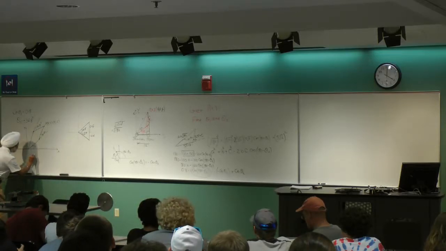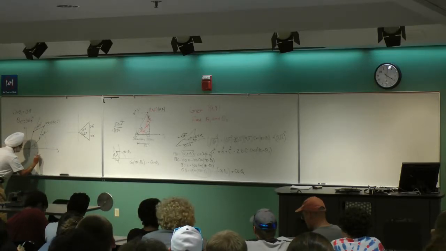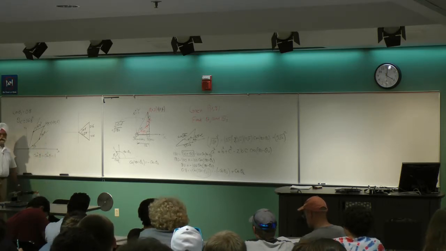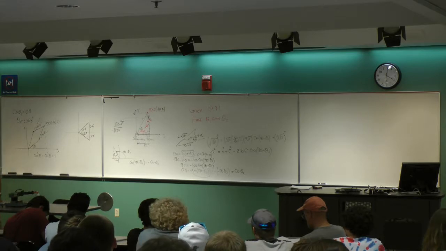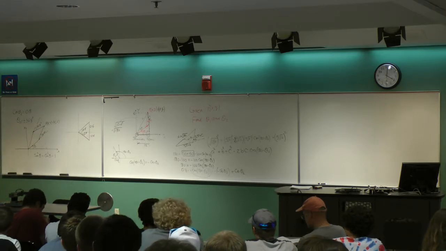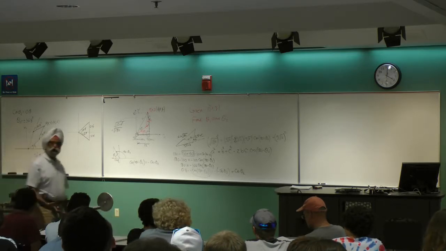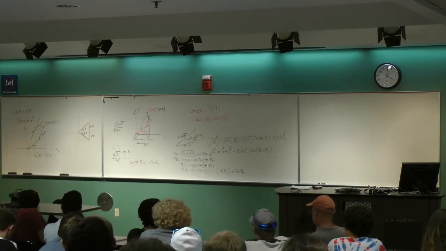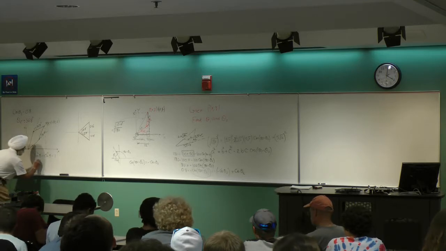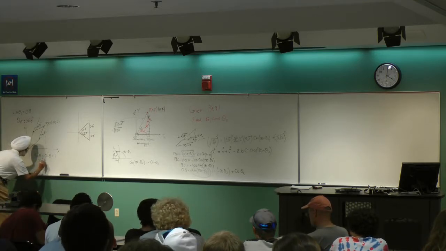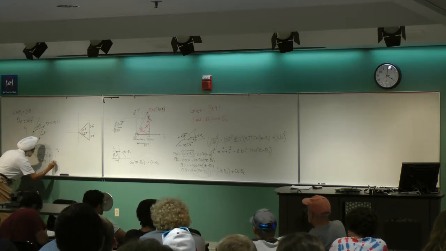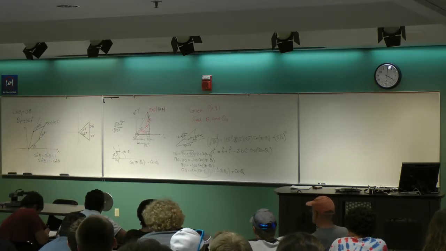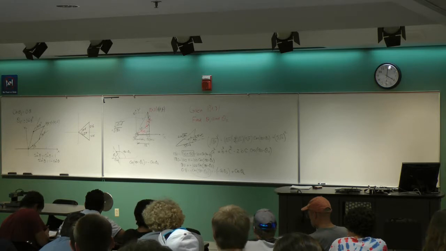We know this identity, right? Everybody knows that: sine squared theta plus cosine squared theta equals 1. So we know cosine. What will be sine? Let's solve that. Sine squared theta is equal to 1 minus cosine squared theta. So what will be sine theta?